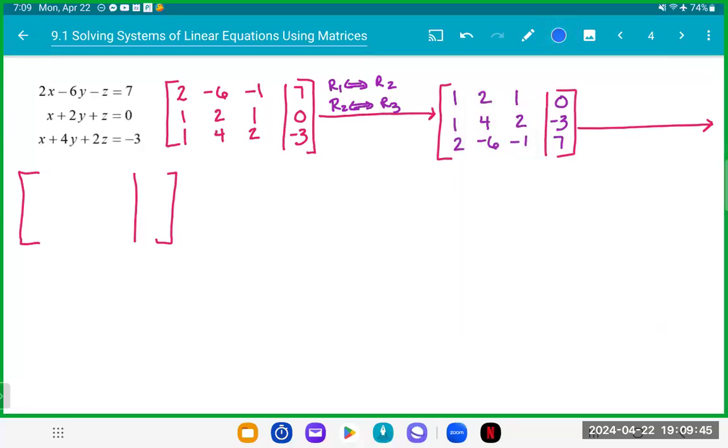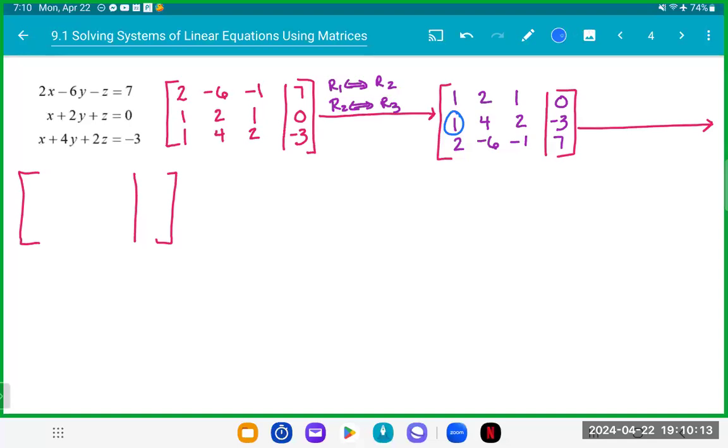Now what we want to do is get those zeros in place, right? So we want this and this to be 0. I'm going to just do it one row at a time. In the future, you could do both of those in the same step, but I'm going to solve it out one at a time to help you focus in on that.